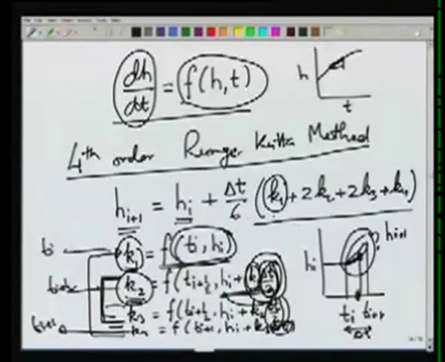And using these slopes and giving them a weight, 1 by 6 for K1, 1 by 3 for K2 and K3, and 1 by 6 for K4, we get some kind of an average slope.